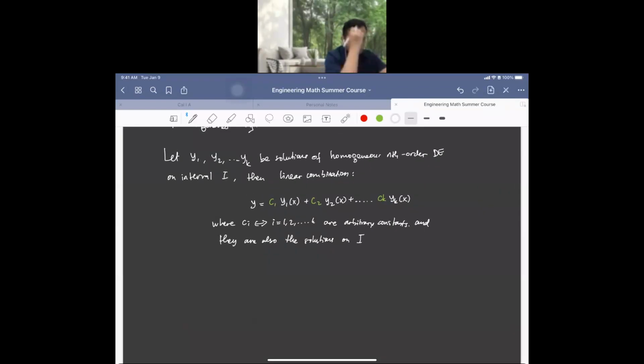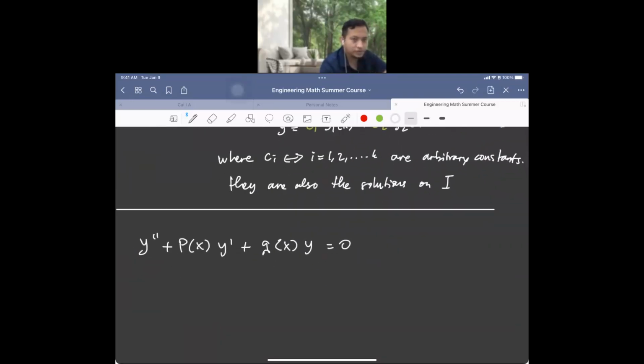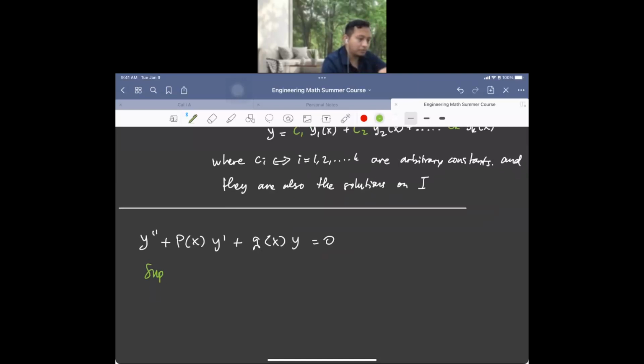So to give you some understanding, let's say we have some illustration. Let me give you y double prime plus p of x y prime plus q of x y equals 0, because it's homogeneous. Now suppose y1 and y2 solve the given differential equation.